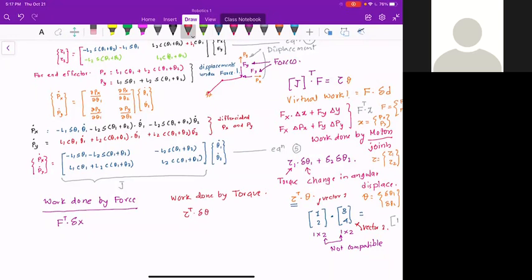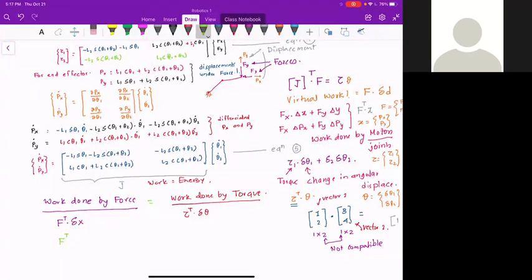Since work and energy are similar, energy can neither be created nor destroyed. So the work done by the force should be equal to the work done by the torques.